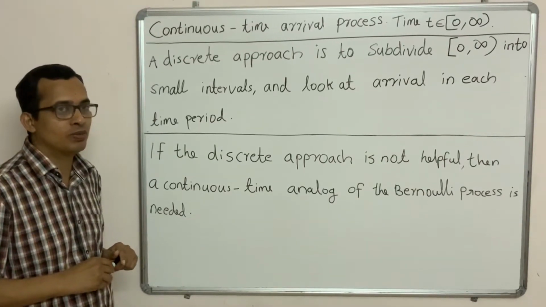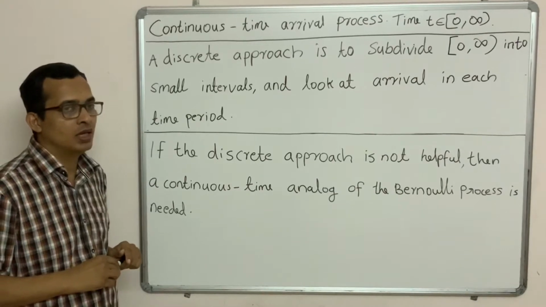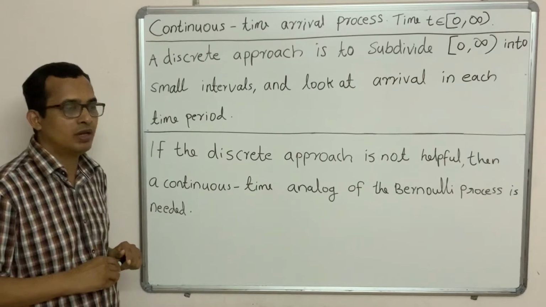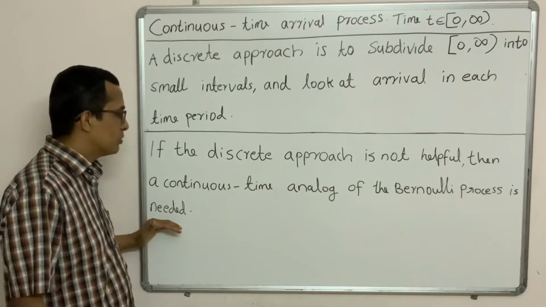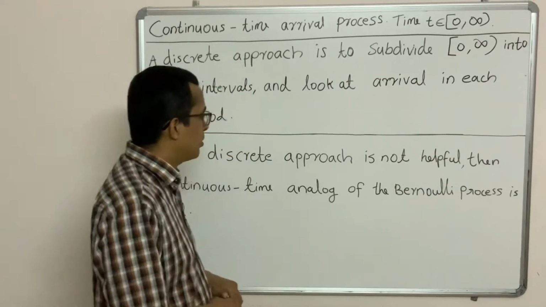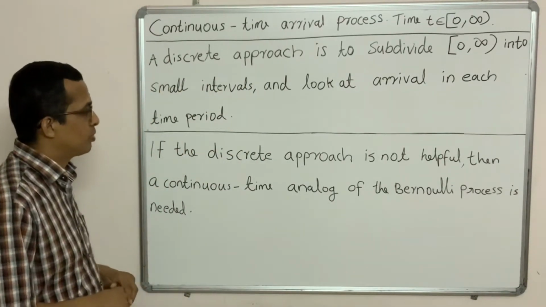In those kind of arrival processes, it is better to keep the time t as a continuous variable. So in that example, we will have an analog of Bernoulli process in continuous time, which will be called the Poisson process.